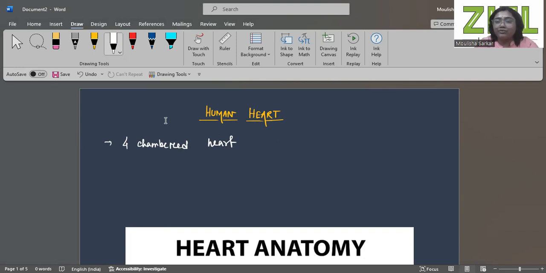If we talk about the fishes, the Pisces, they have the two-chambered heart, and they follow the pattern of circulation that is single circulation. And then we know the reptiles have the three-chambered heart, right? So the human beings, us, we have the four-chambered heart.